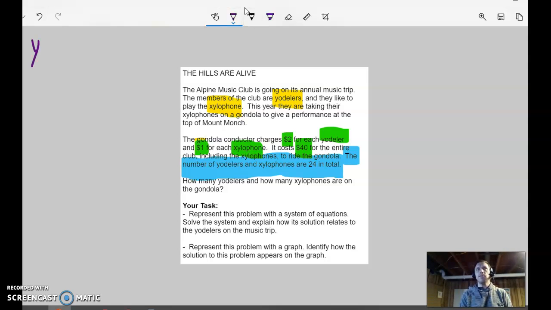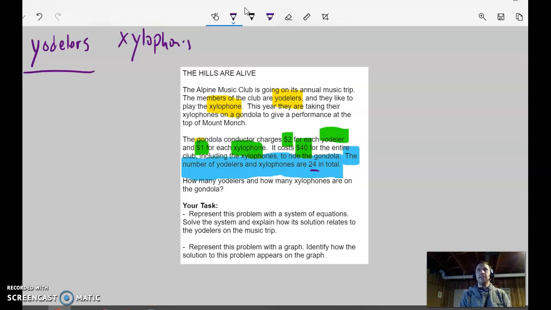So we have yodelers and we have xylophones. And this is where you need to just guess. And when I say guess, I want you to guess with some foresight, right? If there's only 24 total, our guess should make sense.